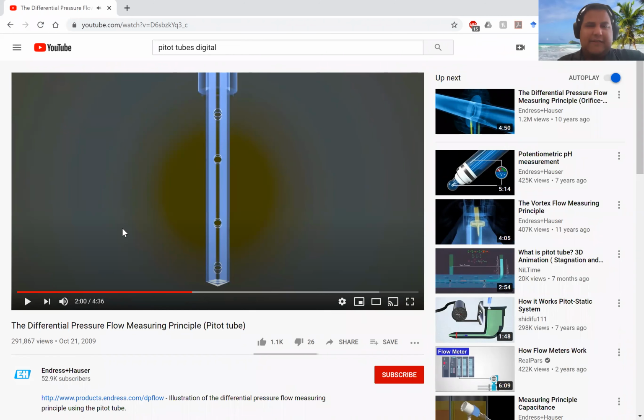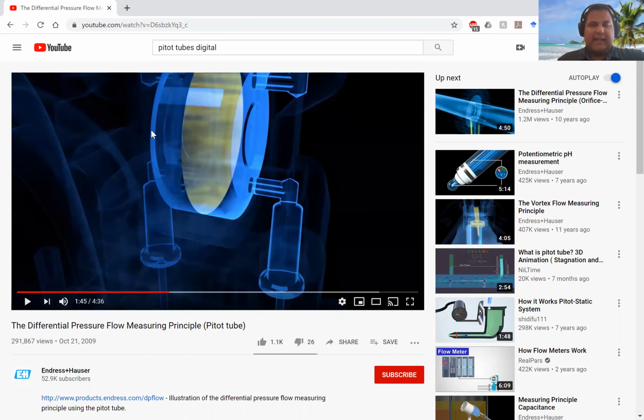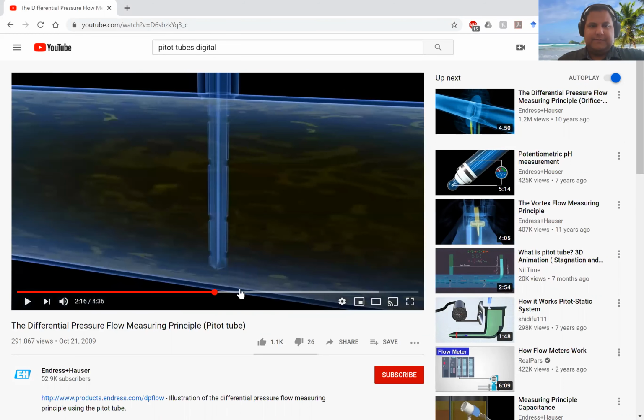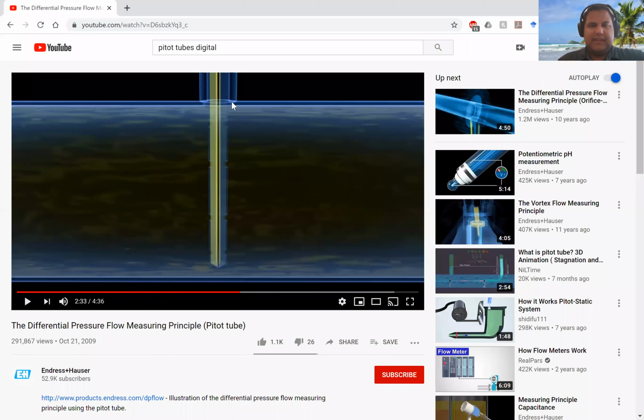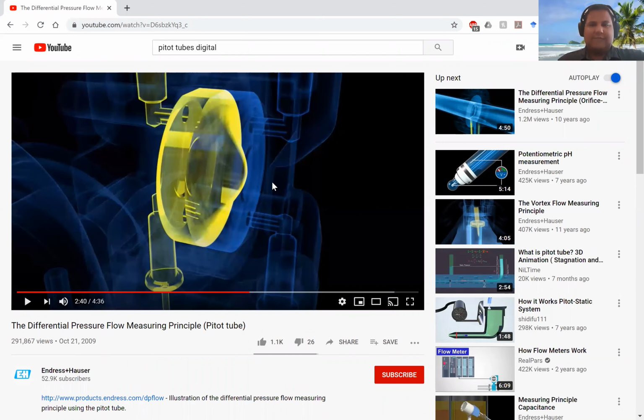It's open at various points, so you get an average of the flow, which is what we usually rely on, that mean average of velocity. And then essentially a diaphragm. Then as flow occurs, the energy or force exerted on that transducer will show a differential between both sections.